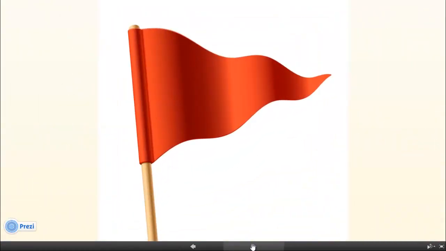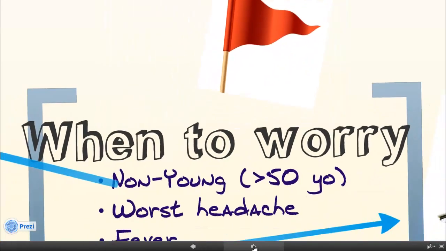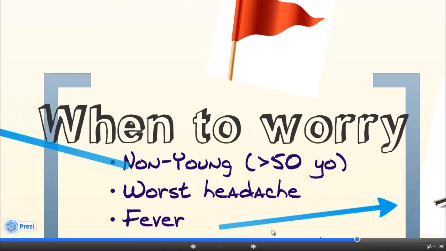We also need to mention certain so-called red flags, i.e. some factors of headaches which would tend to make you a little bit more concerned that you're not dealing with a primary headache syndrome, but rather there's a potential for an underlying, somewhat serious cause of the headache.